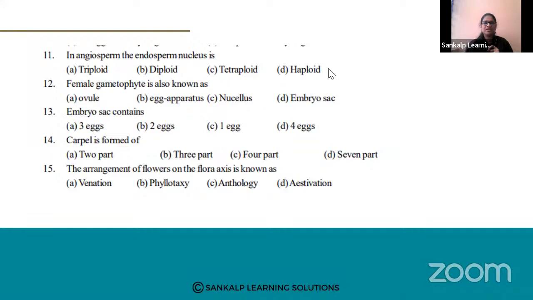Yashwant option A. Good going. Option A, triploid in nature, is the correct answer.